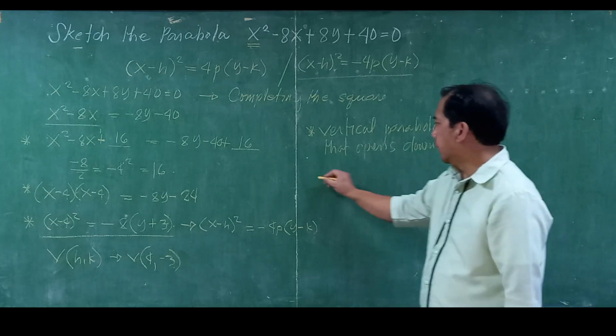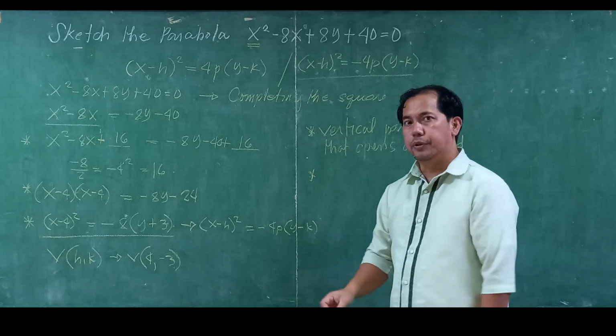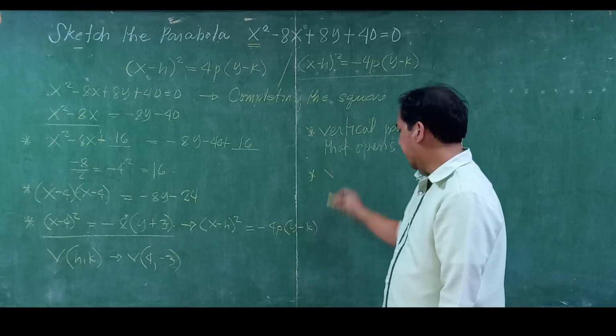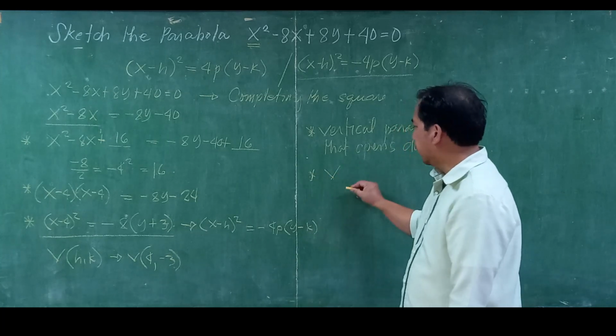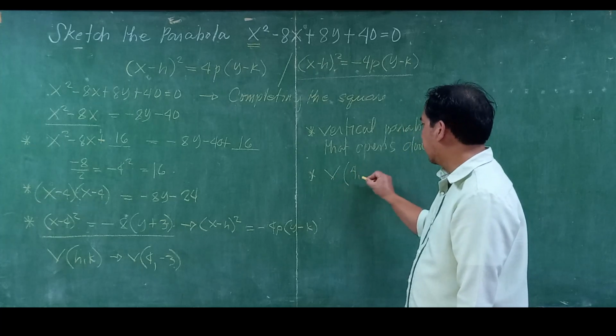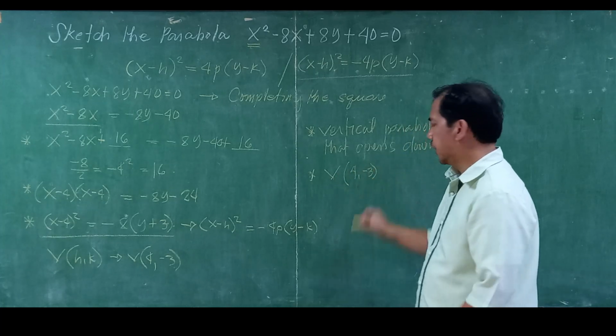After knowing the kind of parabola and the opening, we have already identified the vertex. The vertex that we have is 4 and negative 3.